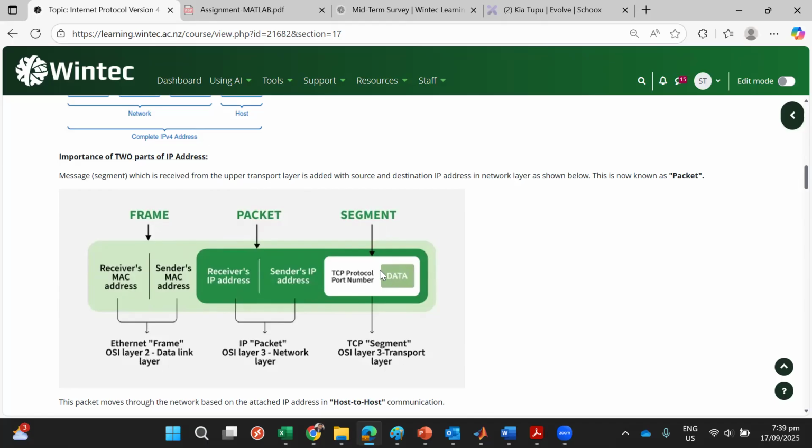This data has been split according to the requirement, and then it is added with the port number. A few other pieces of information are added, but the main information is the port address. That is done in the transport layer, just above the network layer.